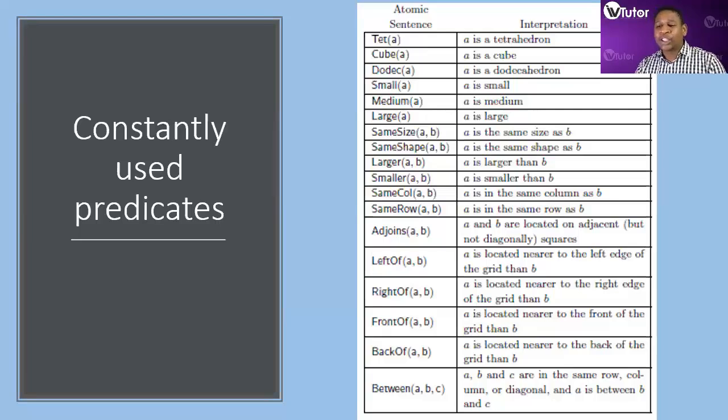You are expected to know what these predicates mean, and how many inputs they can take. So the interpretations, the first ones up until here, take in one input. We call these unary predicates.